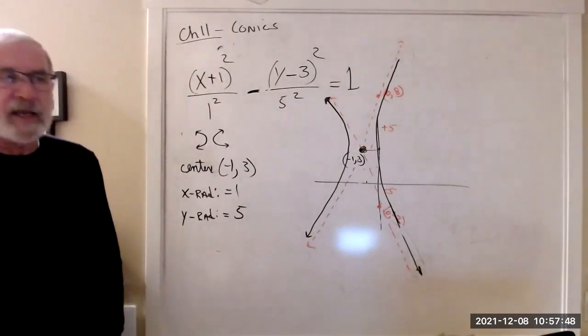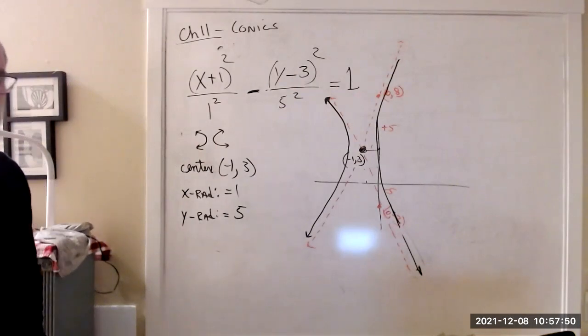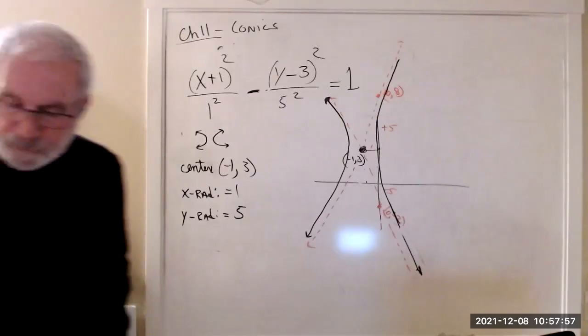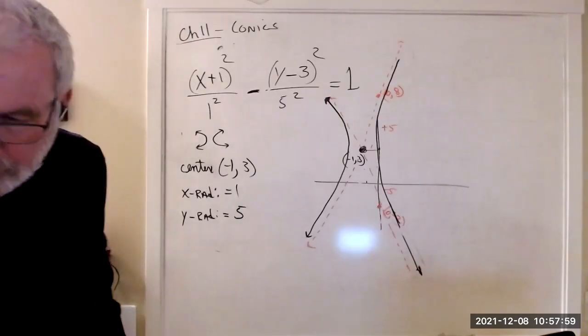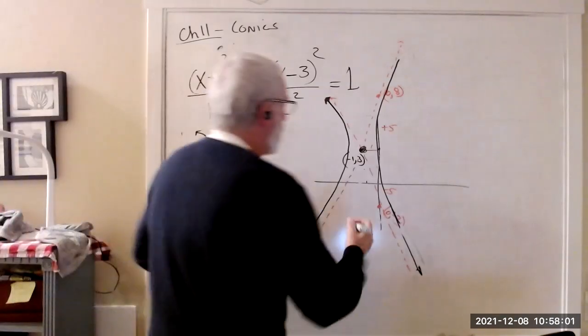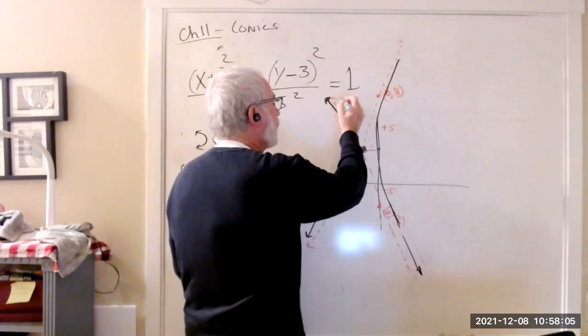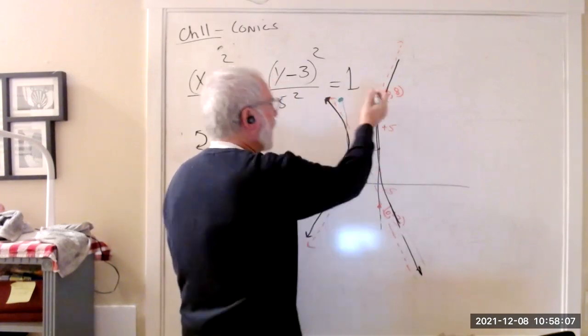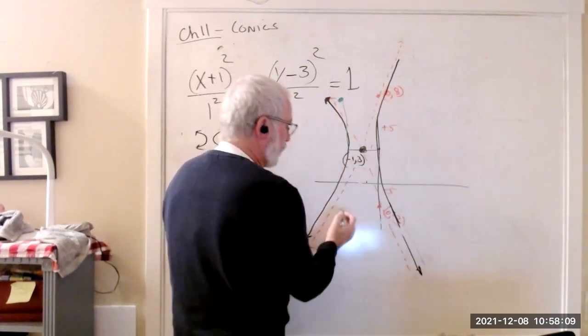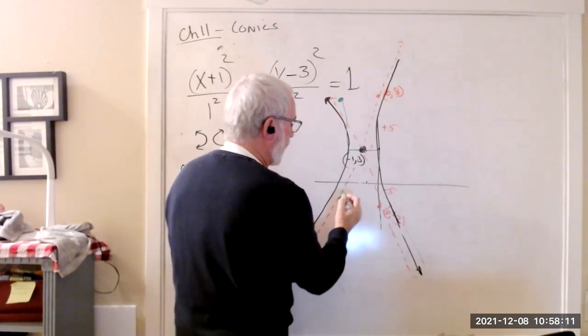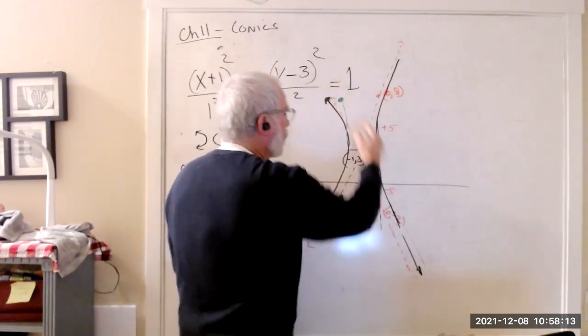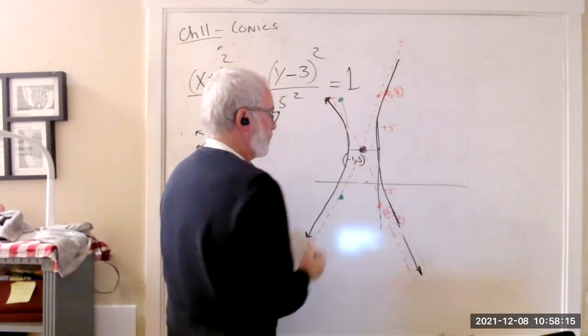Questions about that? Anyone? How come you didn't do -1, the X radius, when you went down? I could have. And what would have happened if I went -1 up 5, which would be there, or -1 down 5, which would be there, it still would have given me my asymptotes.